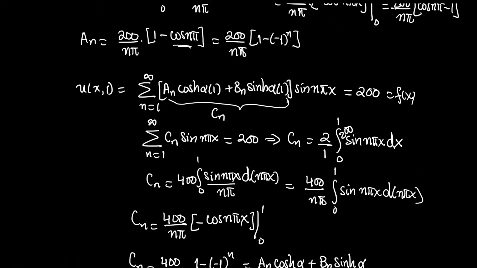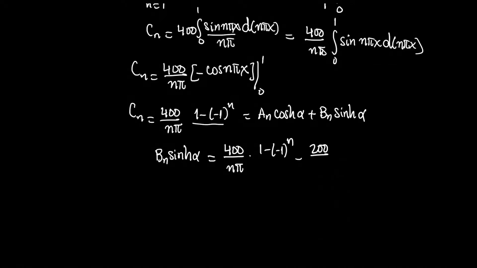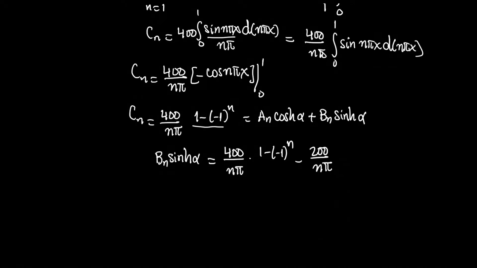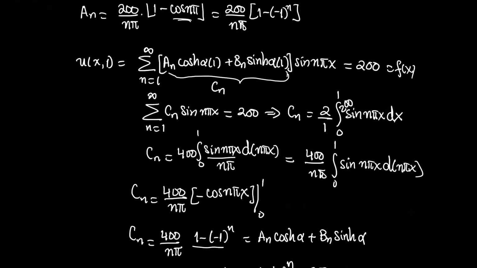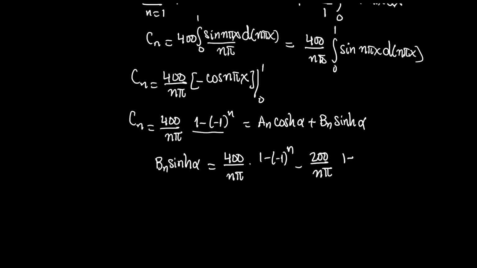What is a_n? We solved the a_n. a_n is 200 over n pi times 1 minus (minus 1) to the power of n.